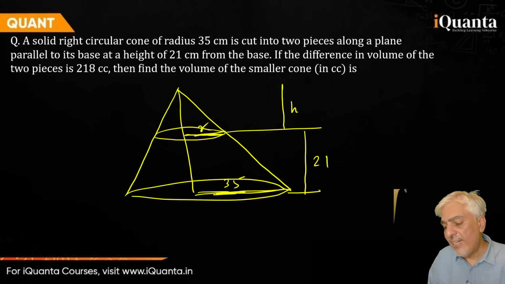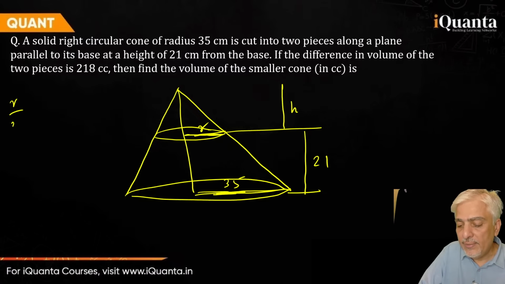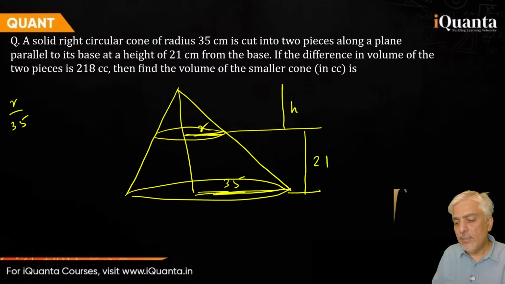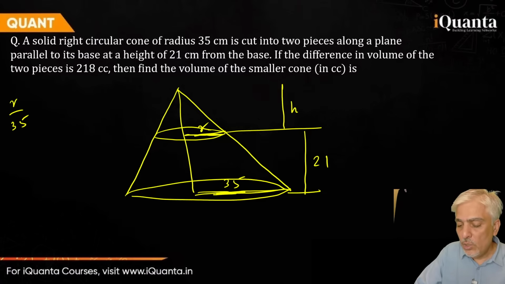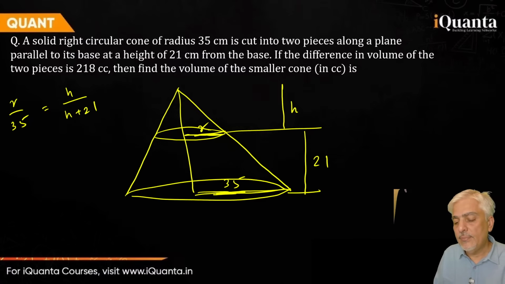So what will be the rule we'll get? R upon 35 will be h upon h plus 21. This will give me one relation between r and h. I'll repeat this. R upon 35 will be h upon h plus 21. Okay.